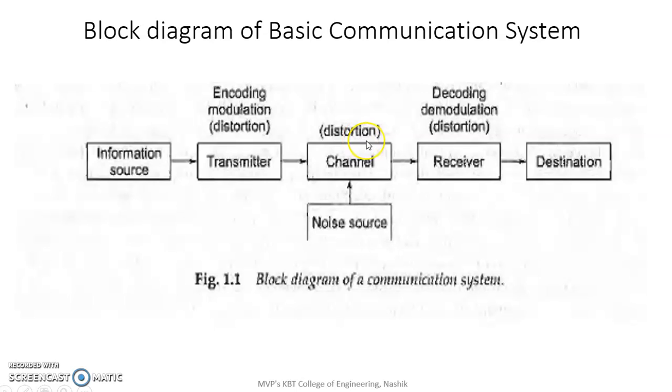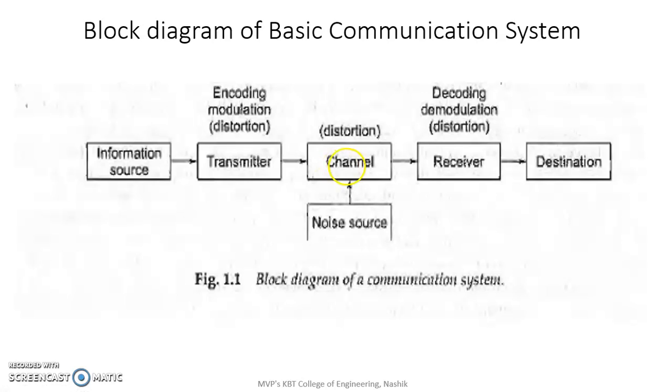The channel is the medium, either wired or wireless. It's a very simple thing. The information is transmitted using different techniques, amplitude modulation, frequency modulation, or any other digital modulation technique. It is transmitted through air or through wires.